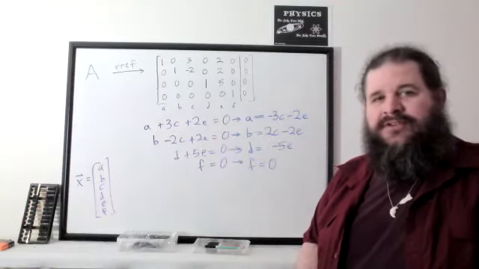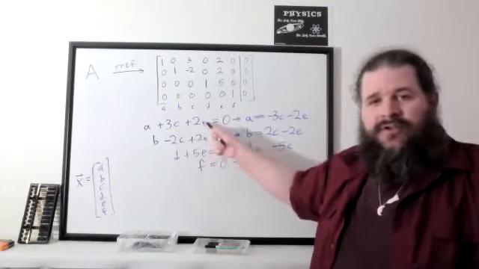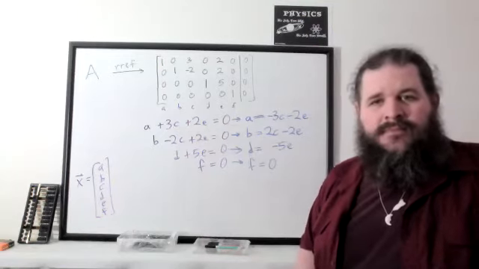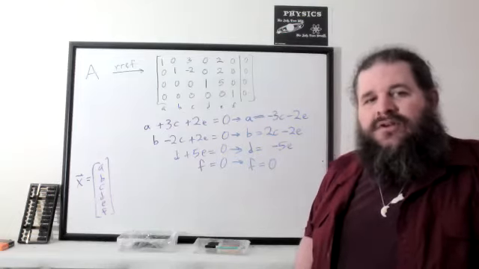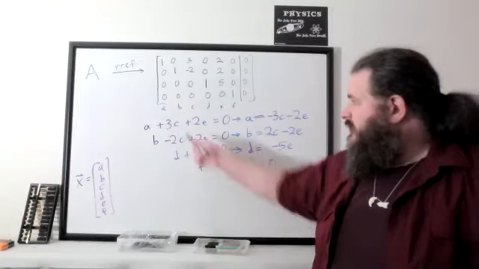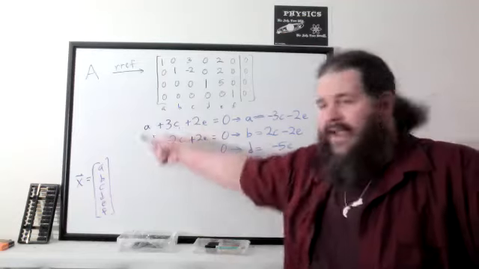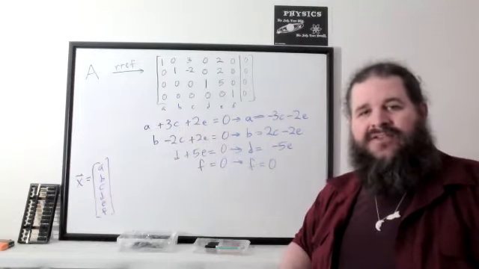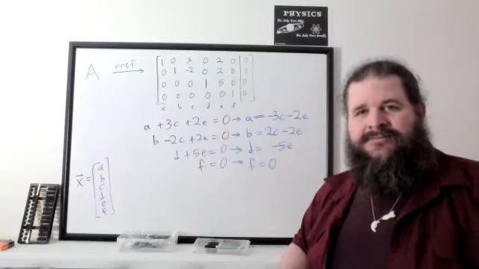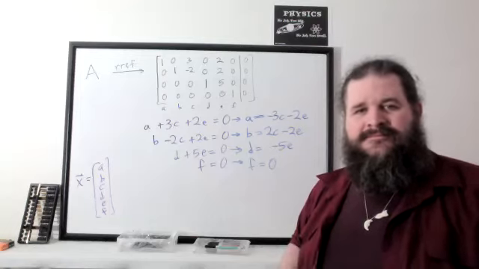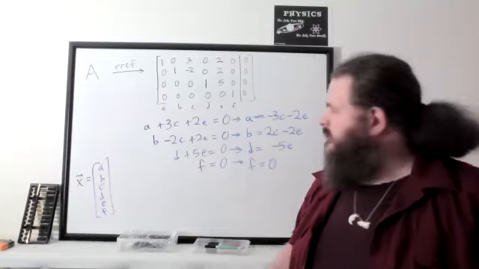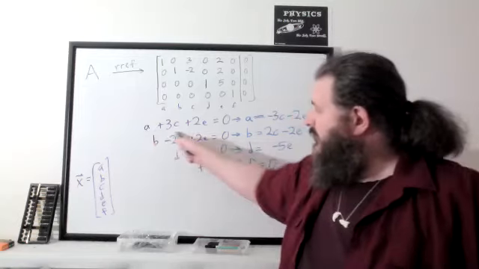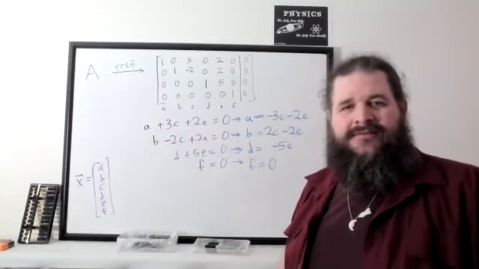Why do we choose C and E to be free variables instead of choosing A to be the free variable? Algebraically, why is it easiest to solve for A?